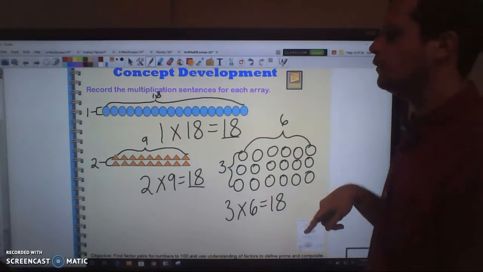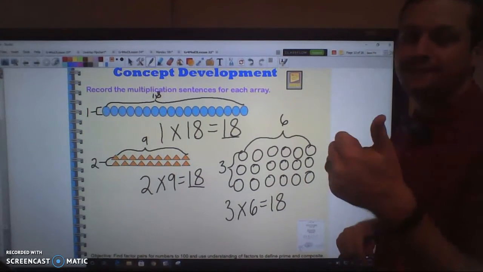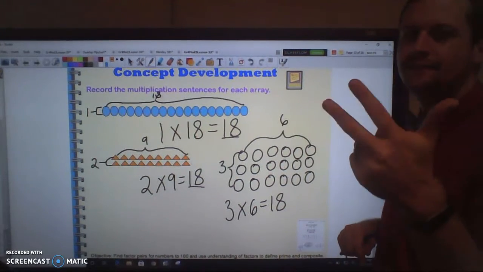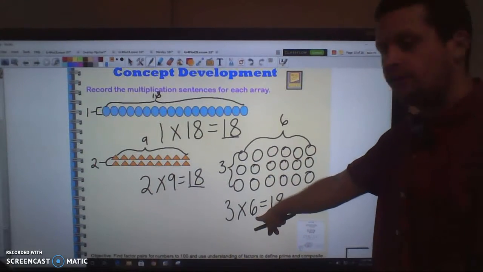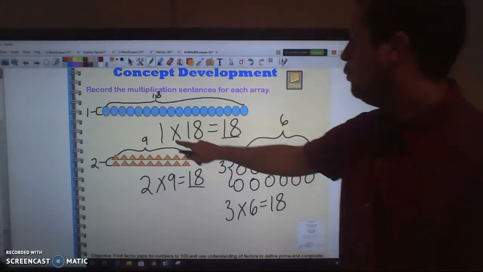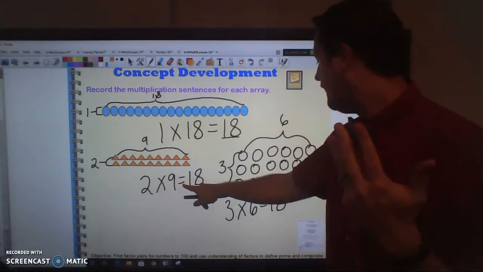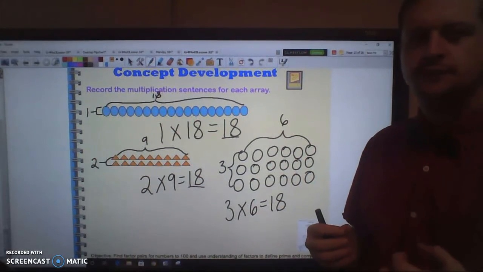Let's see, 4, you got 4, 8, 12, 16, not 18, 5, 5, 10, 15, 20, no. And then we go to 6. Well, we already checked 6. 6 works. Okay? So, 1 and 18, 2 and 9, 3 and 6 are all factors. So I'm going to say that again.